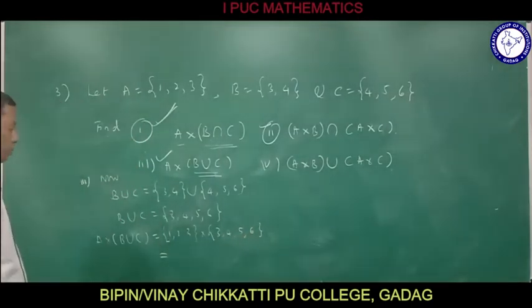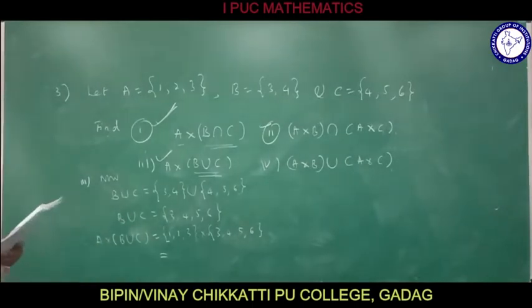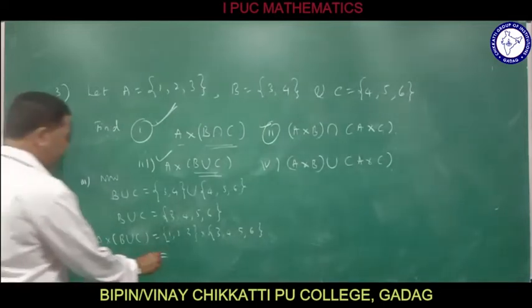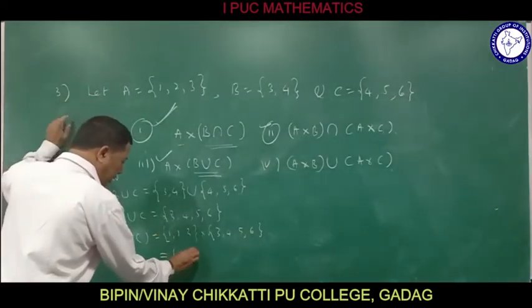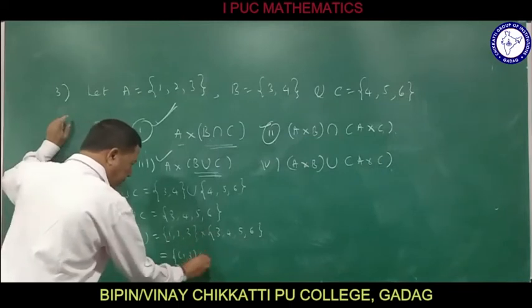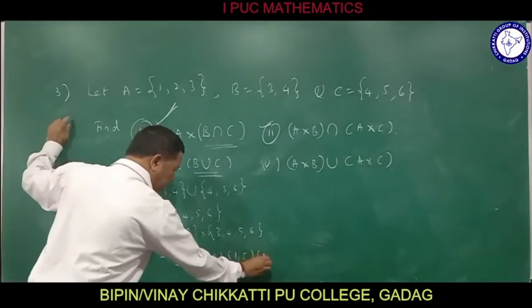It is a very lengthy process, but anyhow I have to explain how to find this product. The Cartesian product: first, (1, 3), (1, 4), (1, 5), (1, 6).